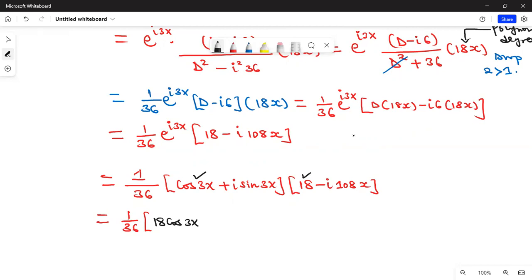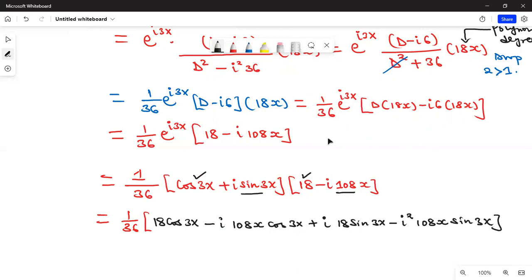Then minus I 108x times cos 3x, then plus I 18 sine 3x, minus I squared 108x sine 3x.